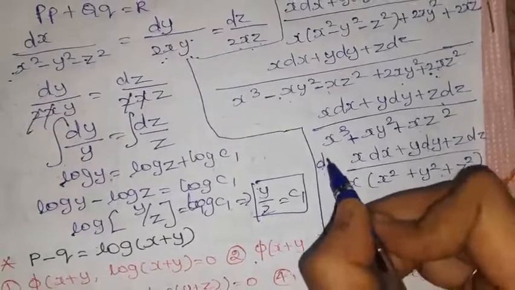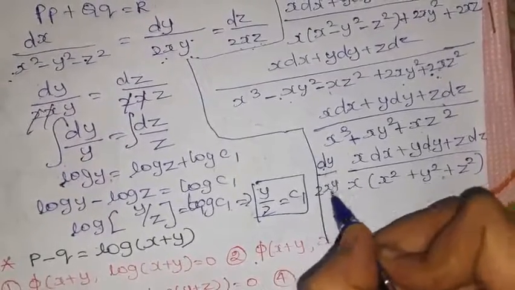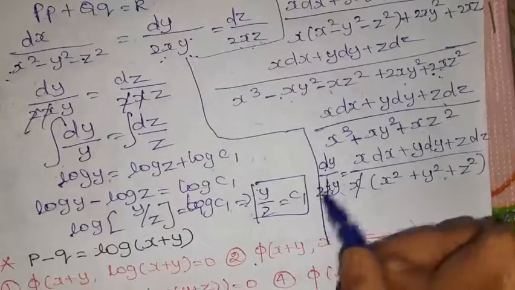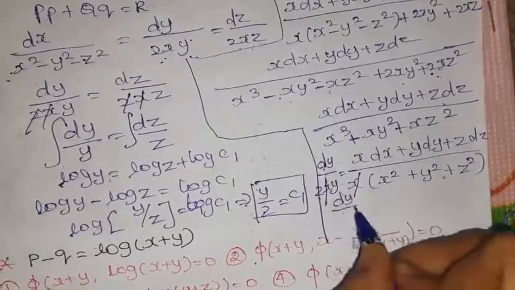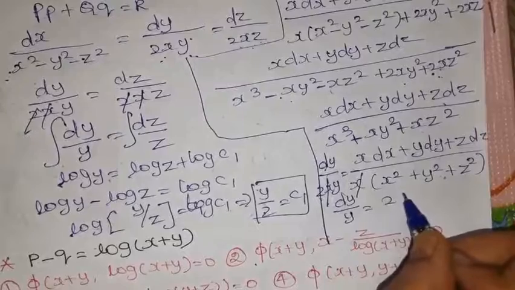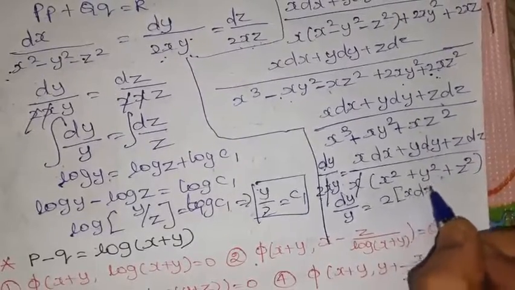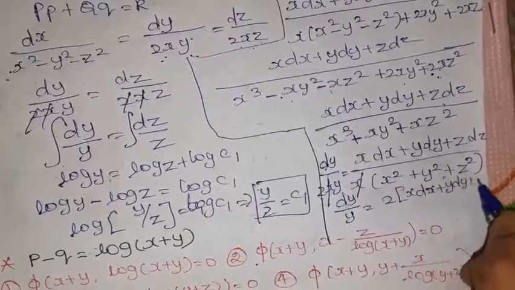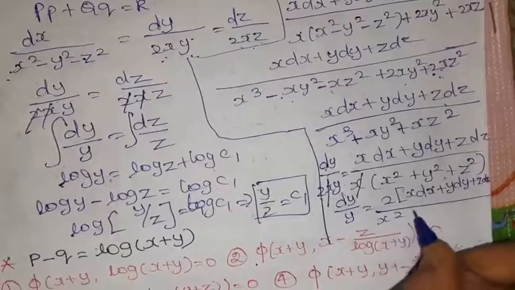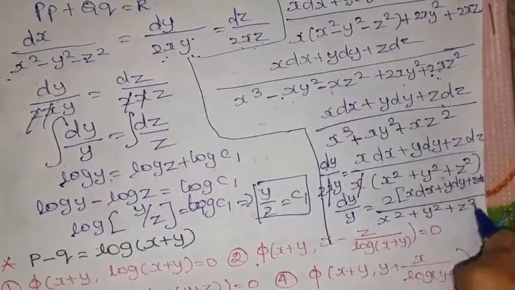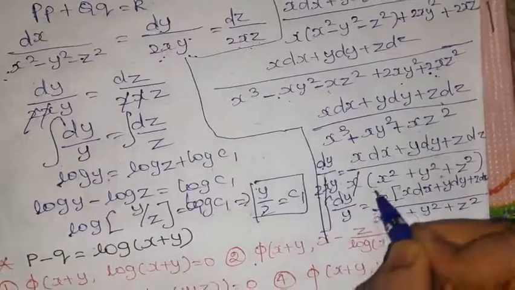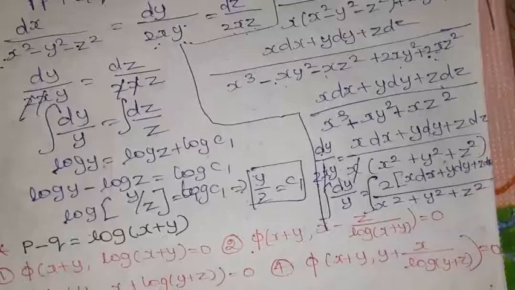So x and x get cancelled, and these two go to that side: dy by y equal to 2 in common, 2 into x dx plus y dy plus z dz, divided by x squared plus y squared plus z squared. Now we need to integrate on both sides.